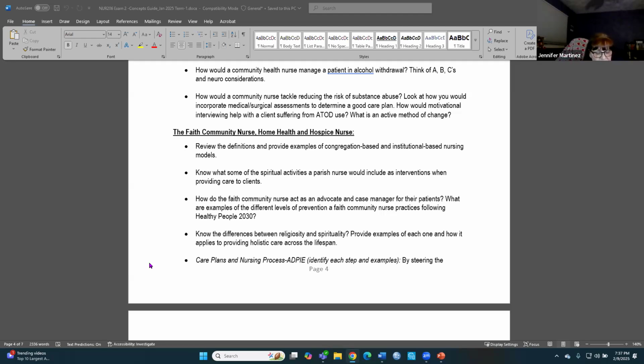They can do health education, whether in a more formal setting at the church, or by going into the homes of patients or members of the congregation and providing resources there as well. There's also that spiritual approach. They may also help to identify the spiritual needs of the population and address those as well.